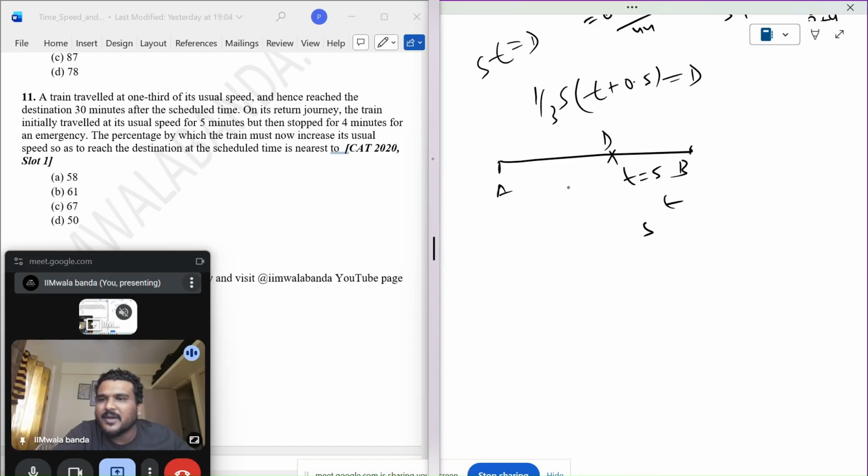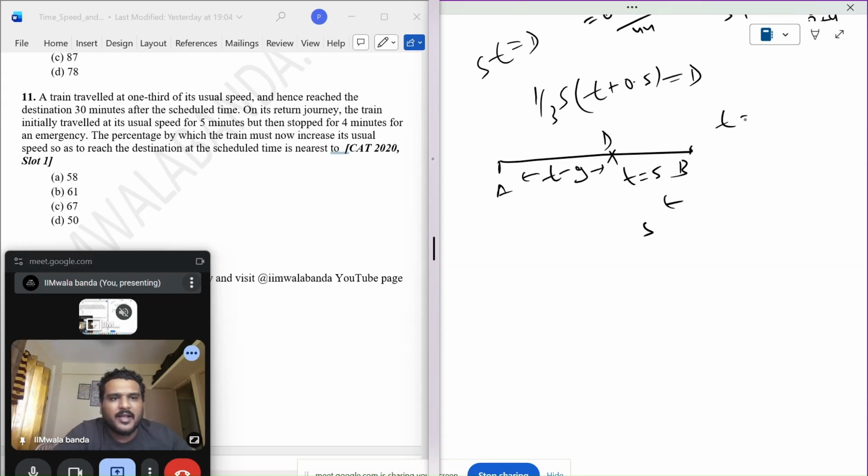The question asks the percentage by which the train must now increase its speed to reach the destination at the scheduled time. So 5 minutes it has taken here, 4 minutes is wasted. So 9 minutes are gone, and let the scheduled time be t minutes. So t minus 9 minutes it has.